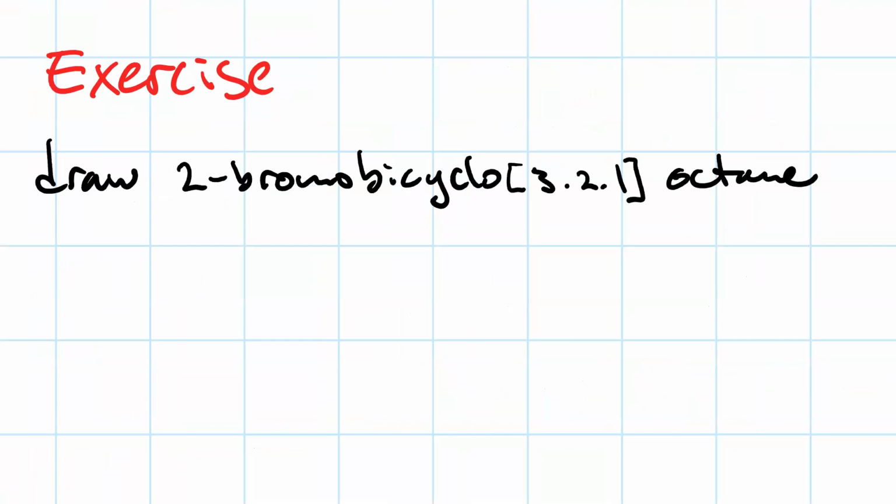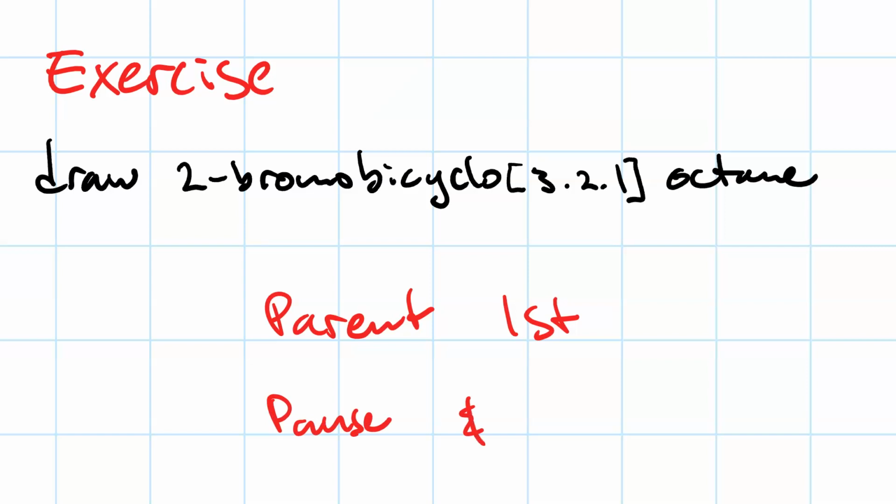Here's an exercise. Draw 2-bromo-bicyclo 3.2.1 octane. Start with the parent. And then pause it and work it.